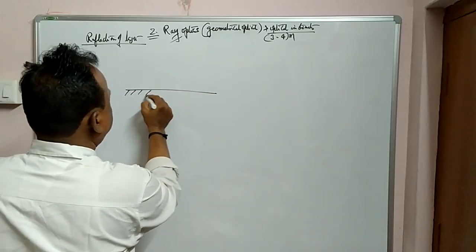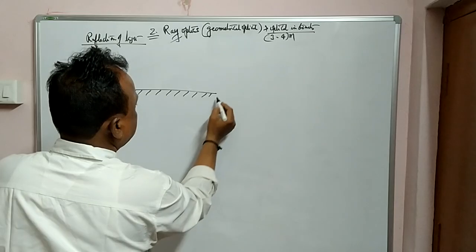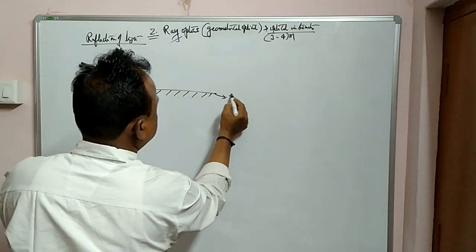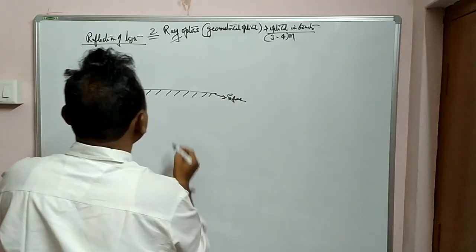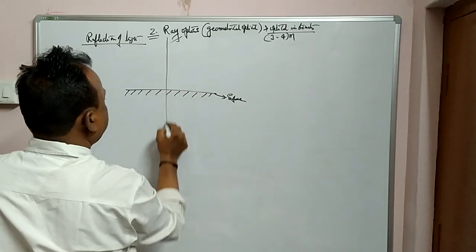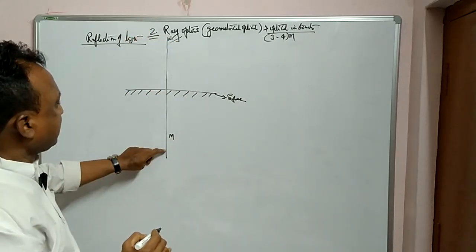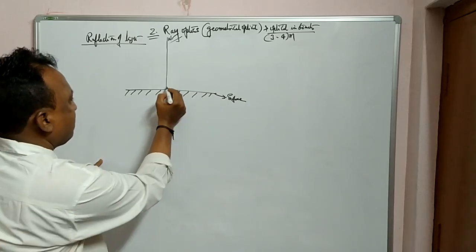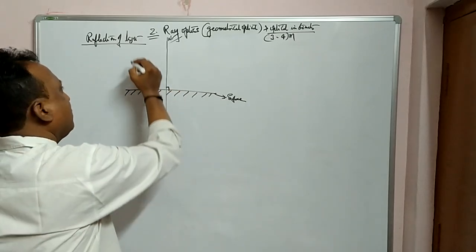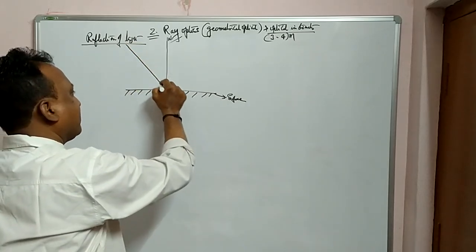For example, this is a surface. Now this is an imaginary line which is perpendicular to the surface, and it is called the normal. Now suppose this is the light ray.